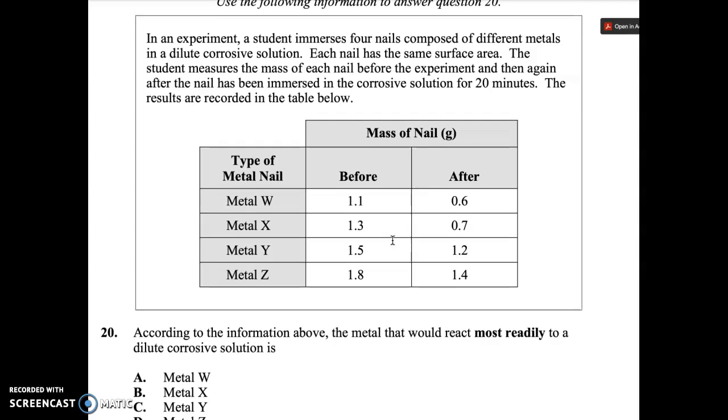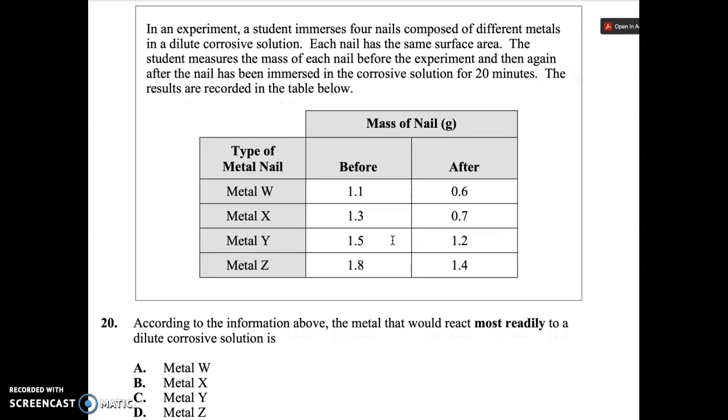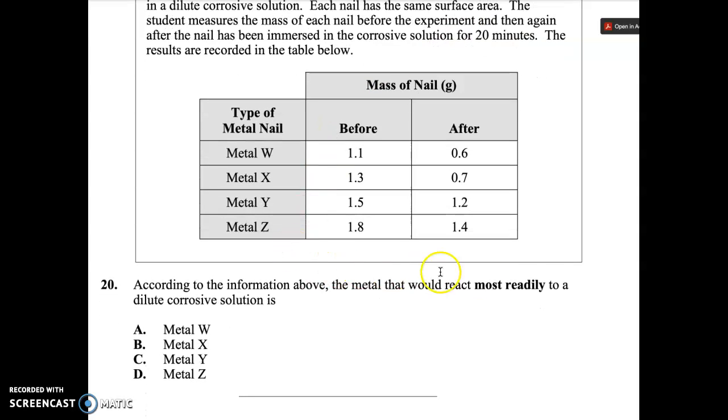In an experiment, they put some nails and try to rust them. They want to see which one dissolved the most, which one corroded the most in 20 minutes. So they should use the same mass each time, same surface area. Which one is going to react most readily?